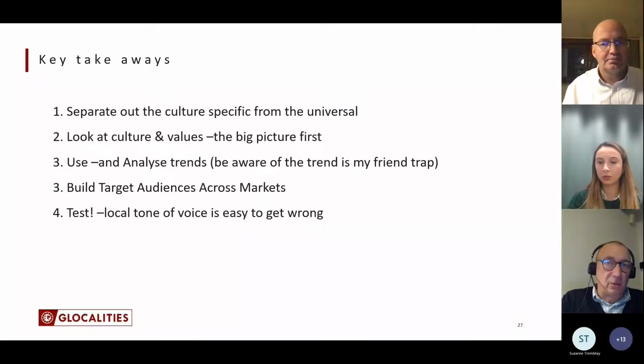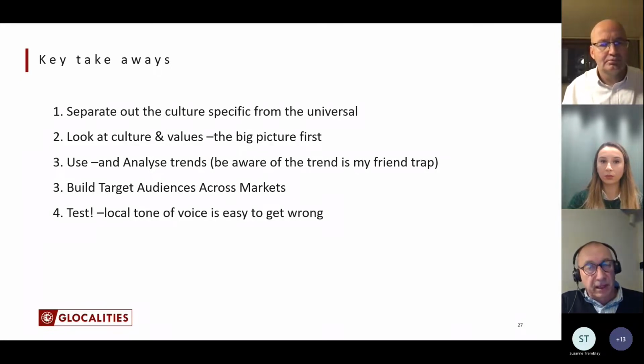And the same went for the example of the Dutch Flower Council. So we look specifically at cultures and values. So first the big picture, and then zooming in on different target audiences. And analyze also the trends. And based on that, we can build target audiences across markets.